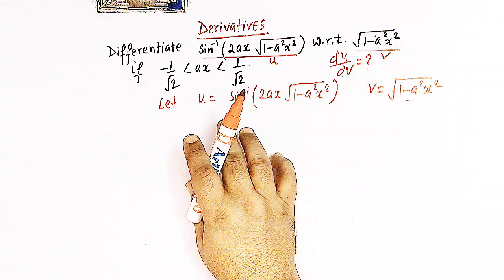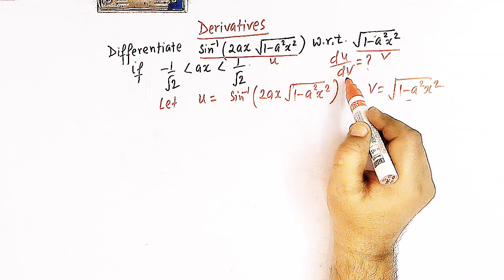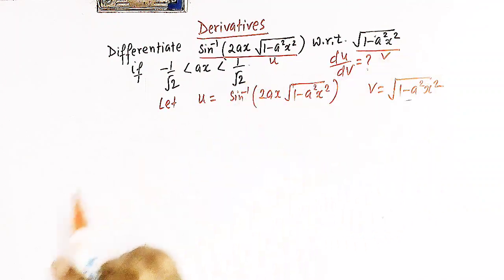To get the derivative du over dv, we can make use of the method of substitution. Here we'll make use of one important trigonometric substitution.